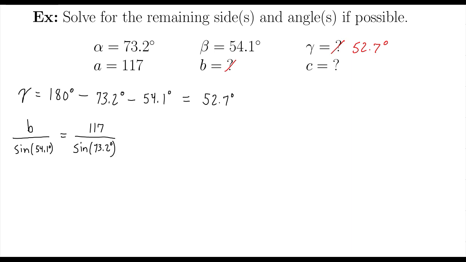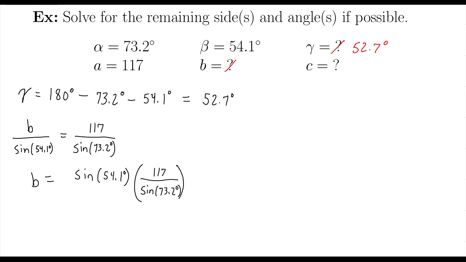I'm going to solve this. What I need to do is multiply both sides by the denominator of B, so that's sine 54.1 degrees. I end up with this expression: sine of 54.1 degrees times 117 over sine of 73.2 degrees.